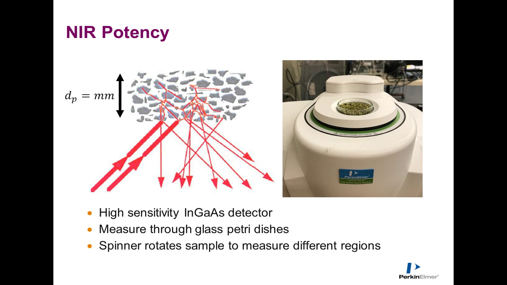This is a non-destructive test, so that flower can then be used after the test. But what we see here is the flower being placed into a circular spinning cup, which spins to make sure a representative spectrum of that flower sample is taken for the near-infrared analysis.